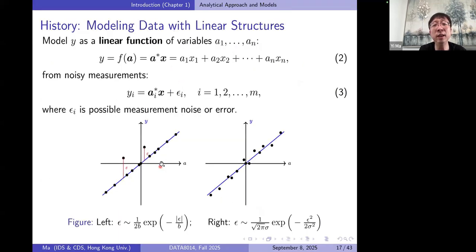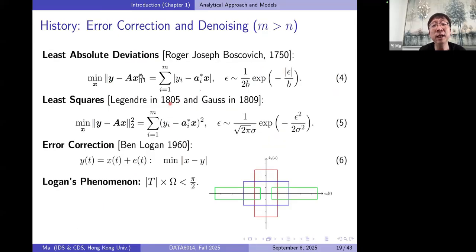It turns out what Boscovich had in mind is not this picture, it's actually this picture. He's worried about the sum of the equations. Most of the equations are okay, but the sum of the epsilon is non-zero, so he actually suggested L1 is better. But why does everybody work on L2?